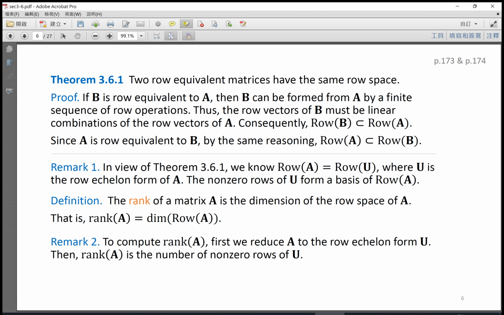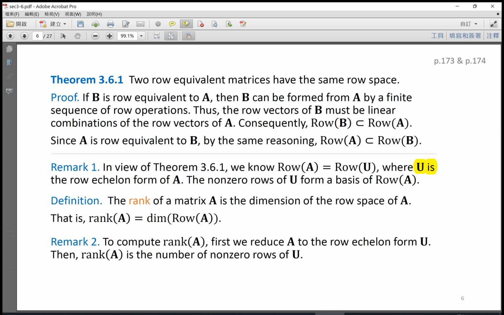Remark 1 provides a way to compute the row space of A. To compute the row space of A, first we compute the row echelon form U of A. Then the non-zero rows of U will form a basis of the row space of A.